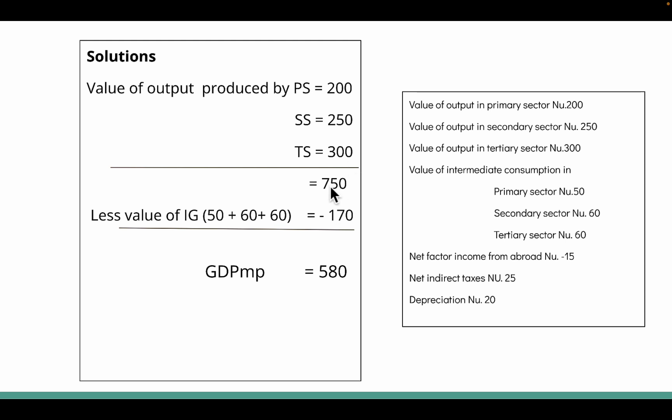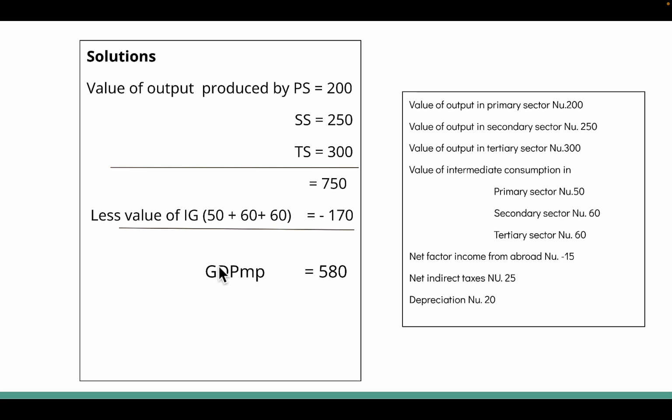That is 750 minus 170. So this will give us the gross domestic product at market price: the value of final goods and services produced at the market price within the domestic economy.